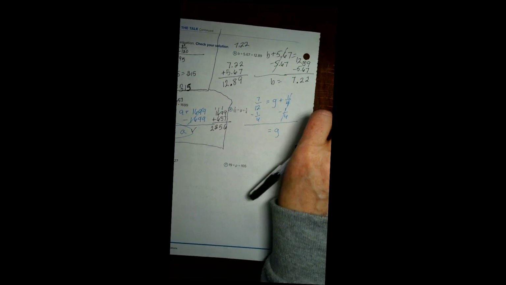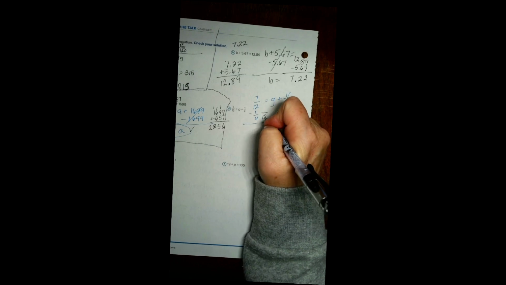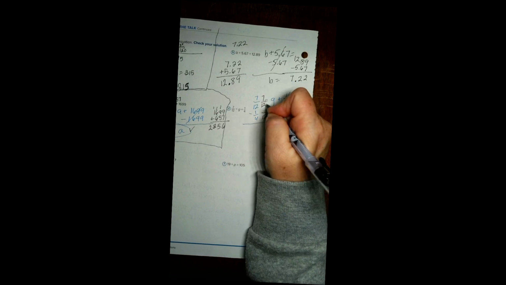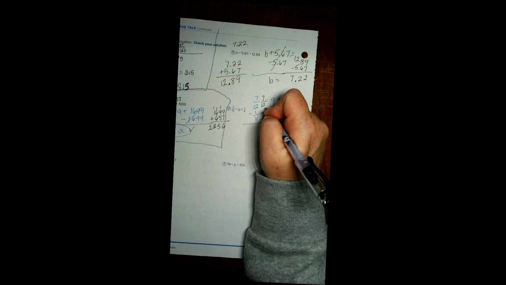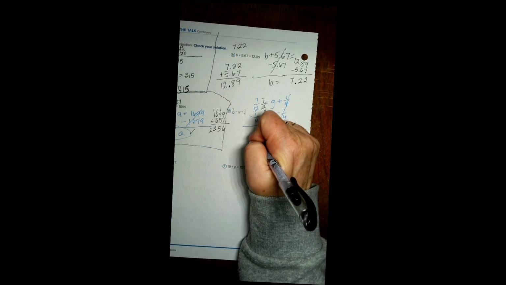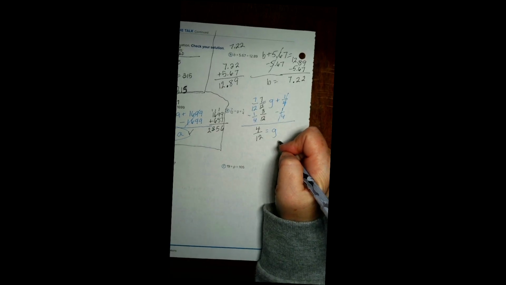I know 12 is a multiple of 4, and obviously 12 is a multiple of 12. So I can rewrite that part. 4 times 3 gets me to 12, so 1 times 3. So now we have 7/12 minus 3/12 to get us 4/12. If you wanted to reduce that to 1/3, you could.